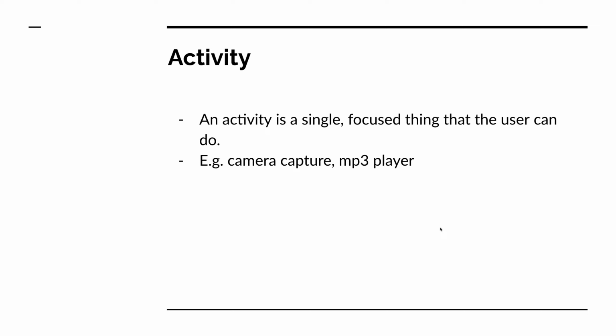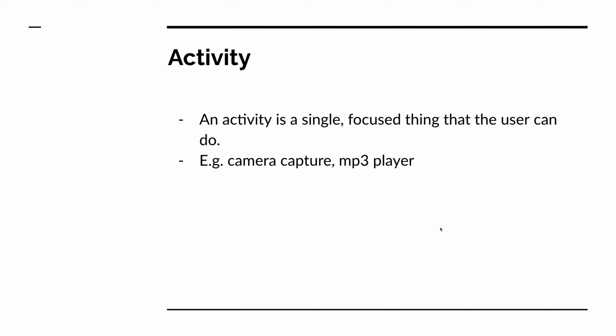Now, I'd mentioned activity before when we had talked about the overall architecture components of how you structure an app. And the best way of thinking about an activity is it's a single focus thing that the user can do. So for example, you have your photo app, it's taking pictures. Or I want to open up an MP3 player, play some music that I have locally on my device.